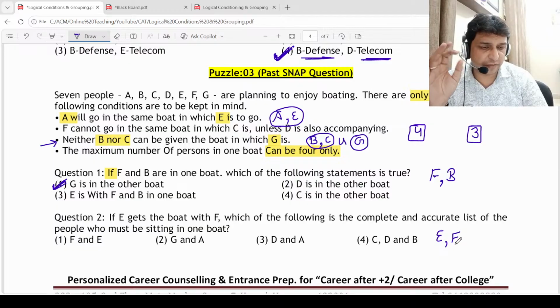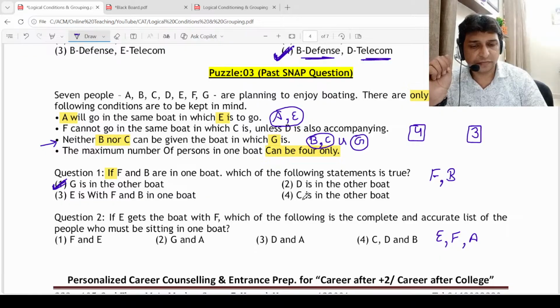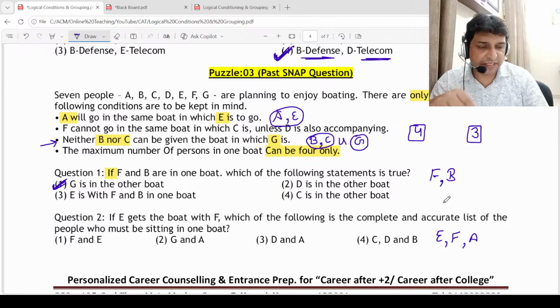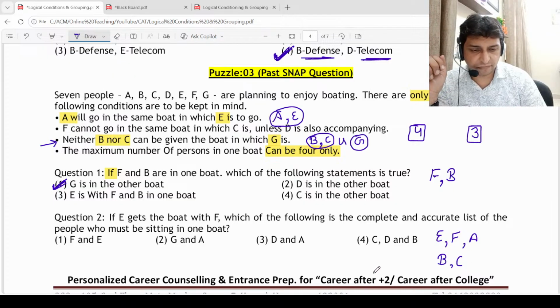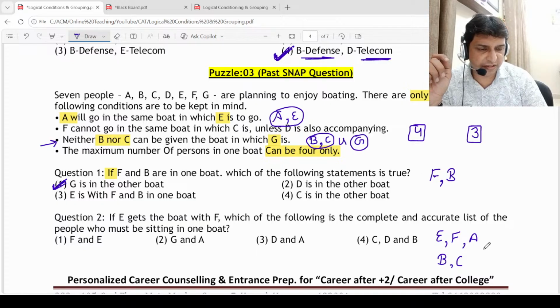So if E and F are together, that means A has to be there also, because A has to go along with E. That means B and C cannot be in the same boat, so B and C have to be in the other boat. Now BC will not be in the same boat where G is, so this is going to be G, and this is going to be D.